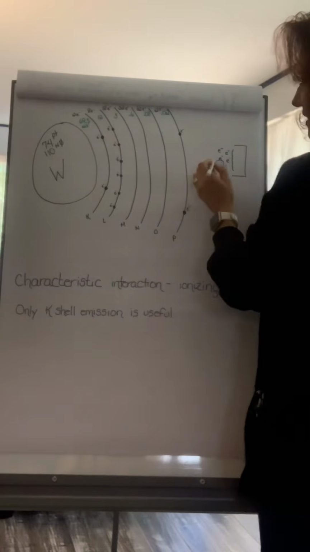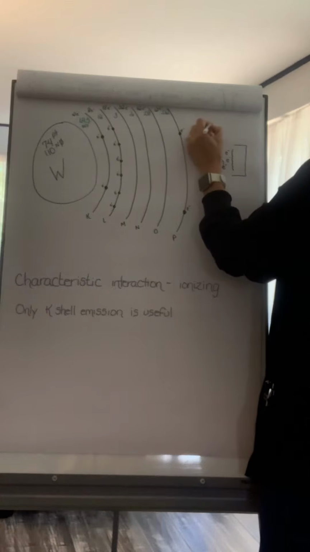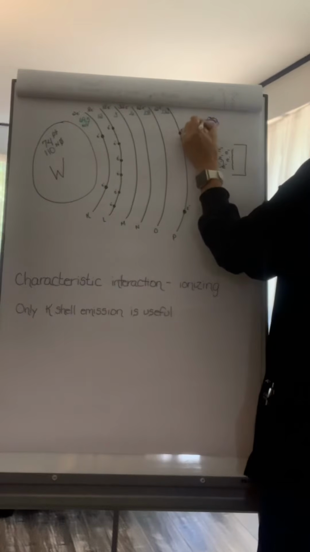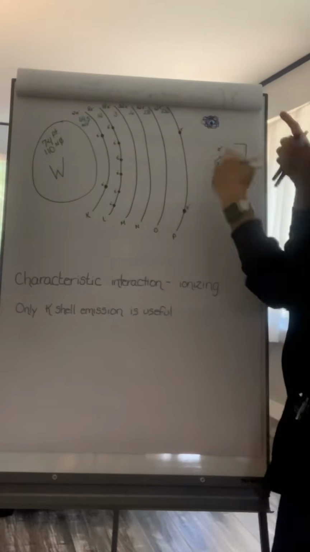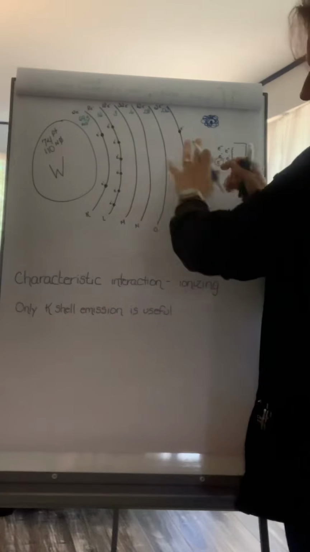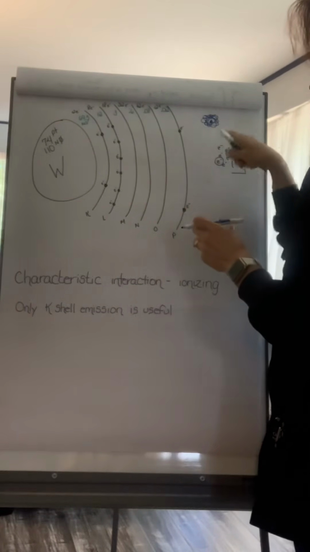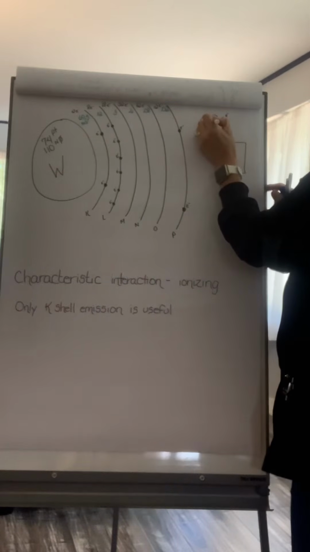So what's going to happen is, let's say this electron makes it through, because remember, this atom and these shell levels are constantly in motion, and all of those electrons are all over the place. So whatever this hits, it's not nice and flat and drawn out like this. It's more in constant motion like this, which means that when that electron comes in, whatever it interacts with is what's going to happen.